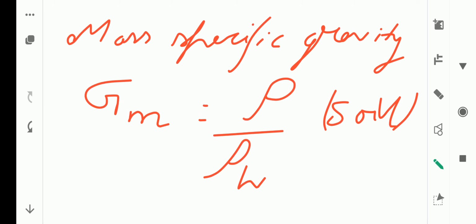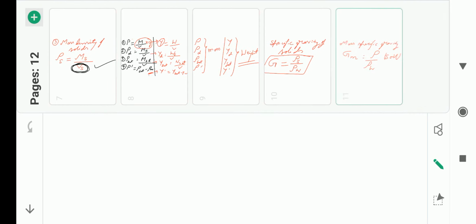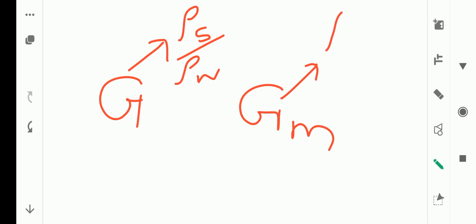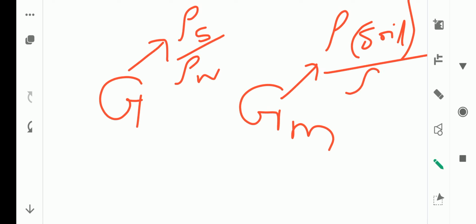So here we have defined two terms, one G and another Gm. G means density of solids divided by density of water. Gm means density of soil divided by density of water.